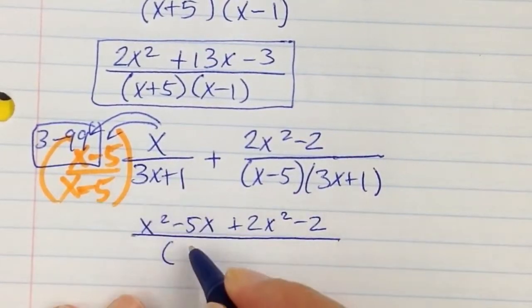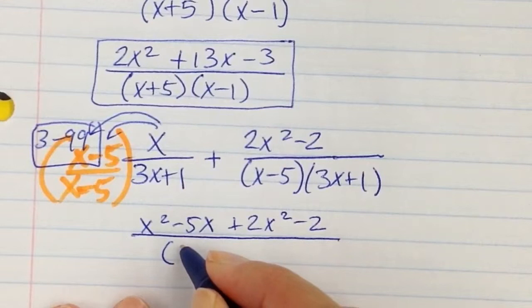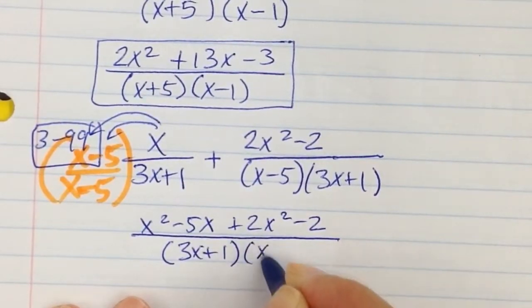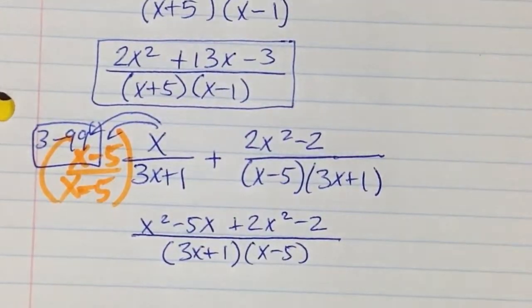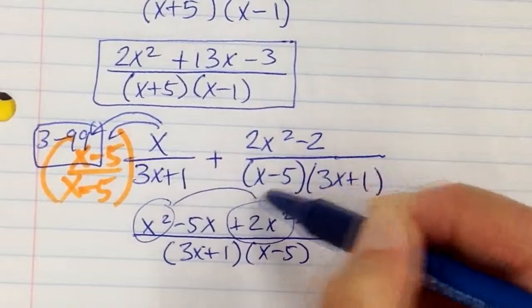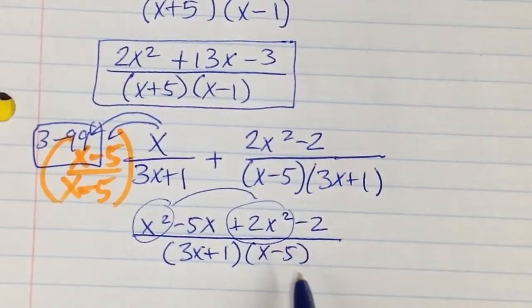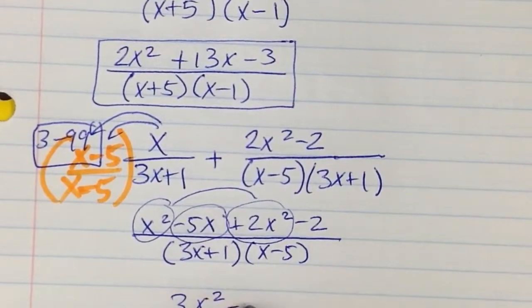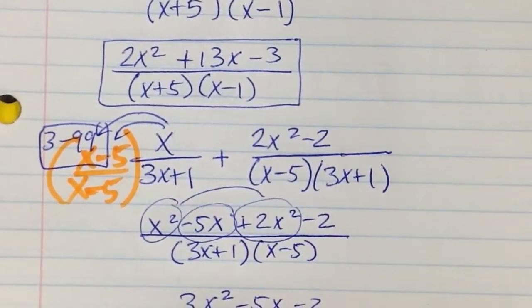And then the bottom, I like to put 3x plus 1 first and the x minus 5 after. Okay. And then we combine like terms. Well, our like terms are x squared plus 2x squared. Right, that is 3x squared, and then next comes the x term, minus 5x, minus 2.